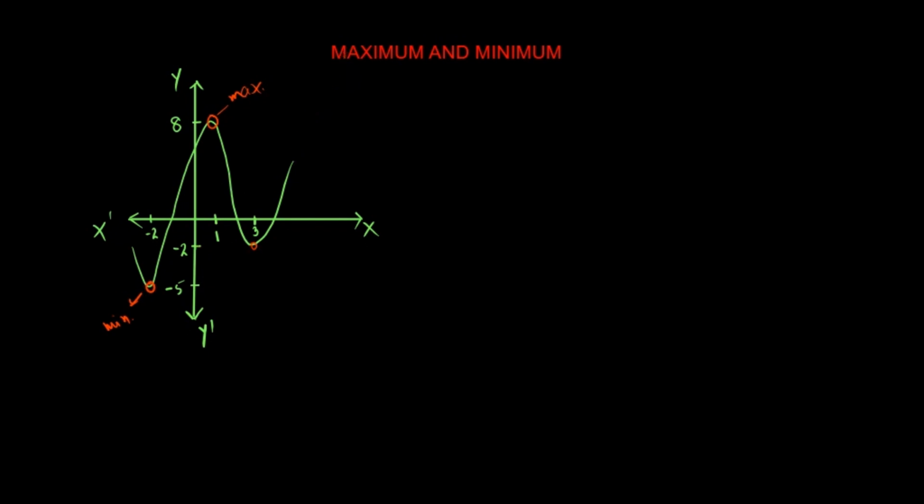And now let's talk about the tangent. We know that the derivative gives us the slope of the tangent line. The derivative is the slope of the tangent line.